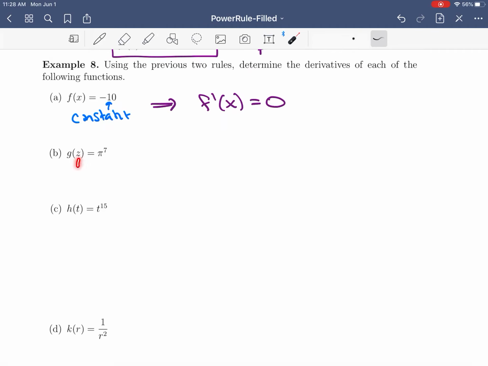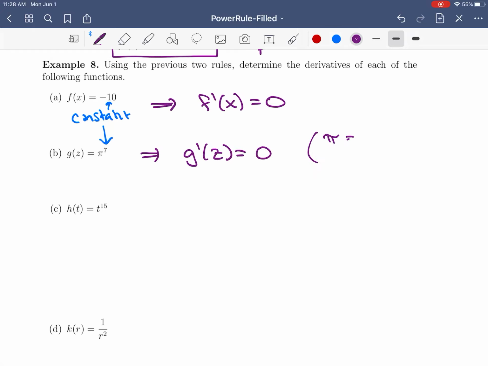For part B, the variable is z. Do we see any z's here? No, we don't. And in fact, pi is just a number. So pi to the 7 is also just a number. So it's a constant. So that means that, again, the derivative, so g prime of z, is 0.